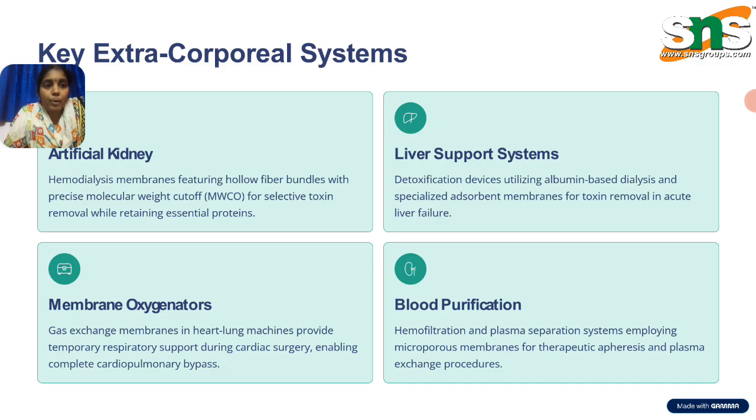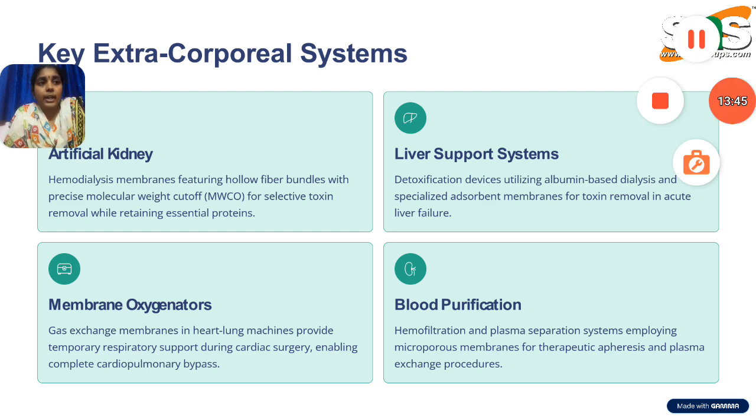Next one is blood purification. Hemopurification and plasma separation systems employing microporous membranes for therapeutic plasmapheresis and plasma exchange procedures. So mainly this is concentrated on supporting the system for plasma.